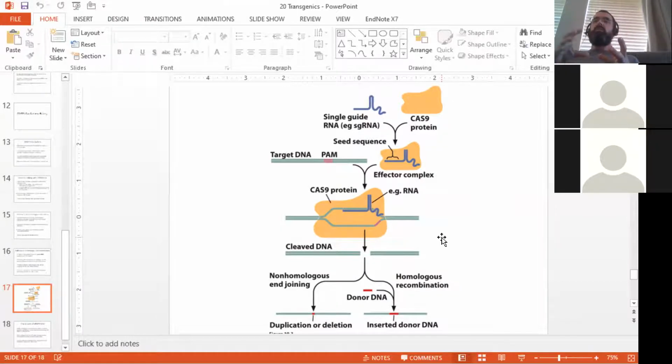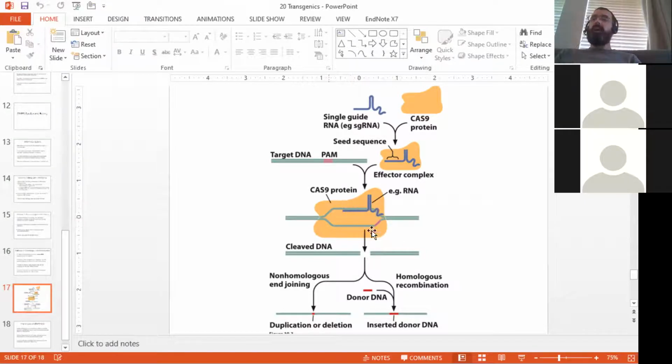And they will go around and they'll unwind DNA, and they'll scan along the genome until that guide RNA matches a particular sequence of DNA, right? Which is what you see here, from standard base pair complementarity. And it's not super exact, right? So there are downsides to this technique, but it's pretty accurate.